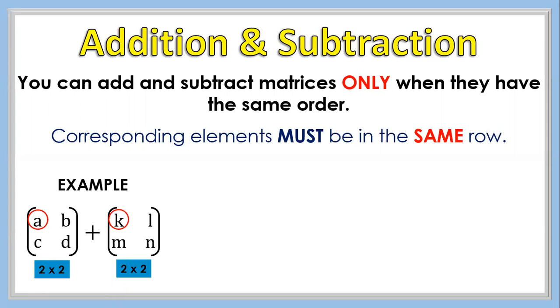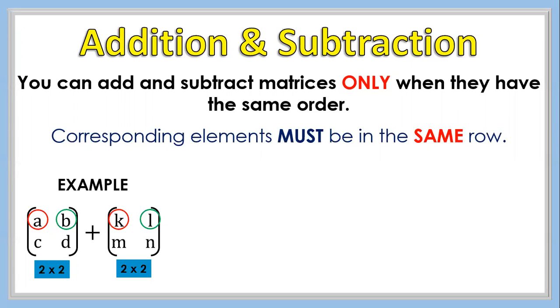So A plus K. Also, we can add the second member in the first matrix with the second member in the second matrix. So B plus L.